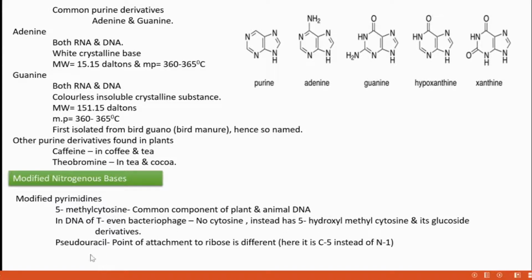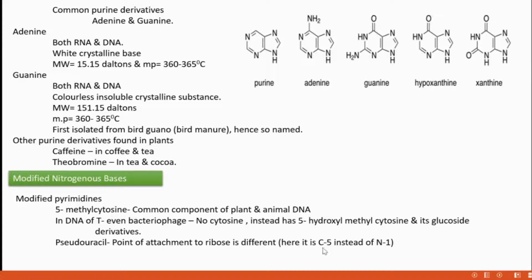Then pseudo-uracil. Pseudo-uracil means not actually the uracil, but what's the change here? The point of attachment to ribose is different. That difference makes it pseudo-uracil. What's the difference?